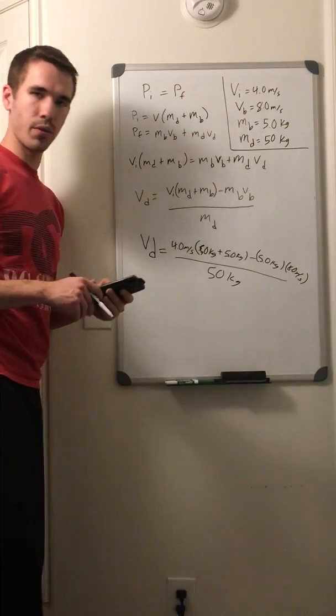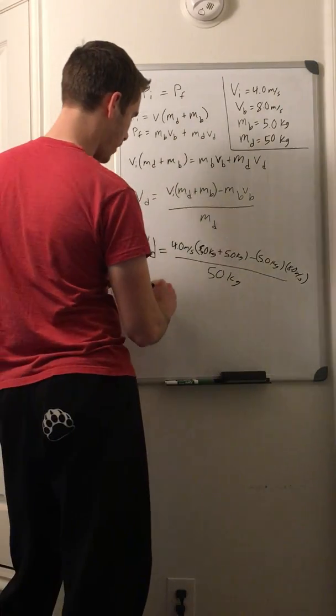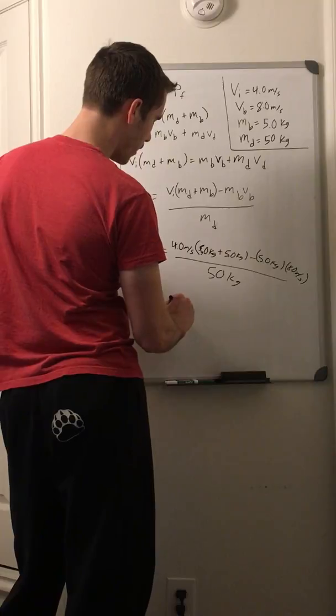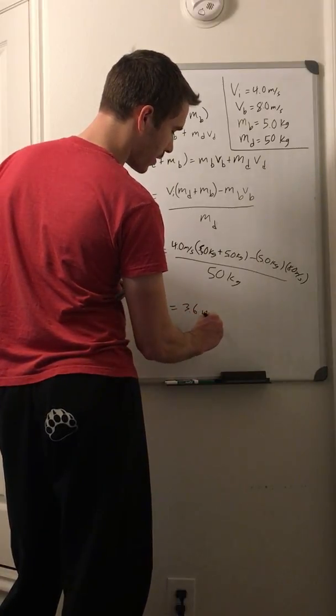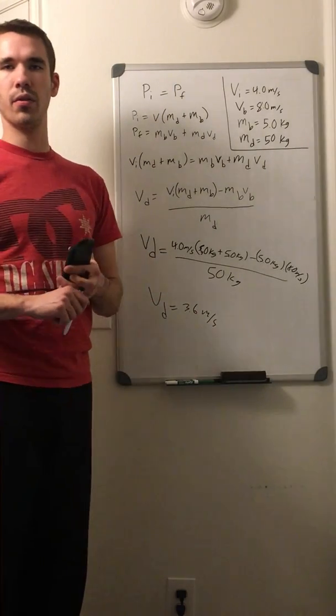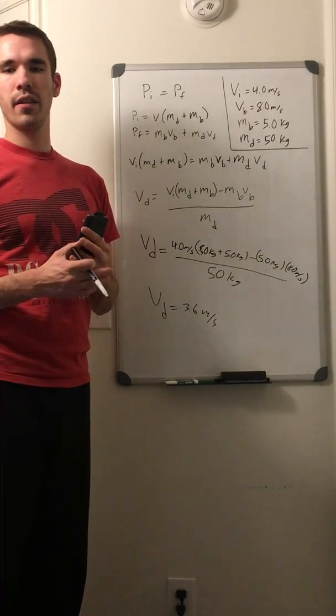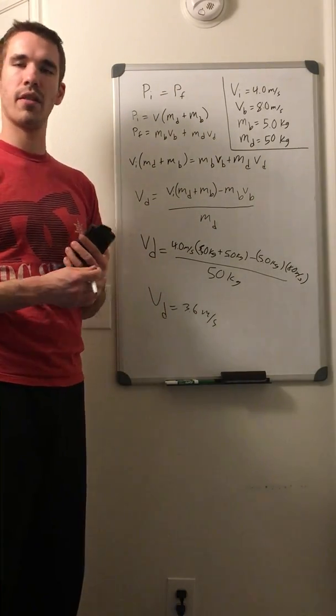Once we run it through a calculator, we get the velocity of Dan equals 3.6 meters per second. And that's how you do question 56 in chapter 9 of our physics textbook.